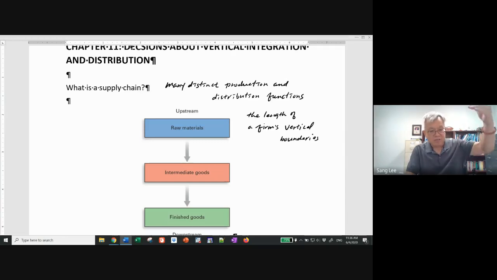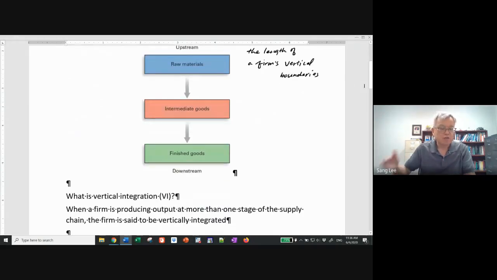And as the raw materials are transformed into intermediate goods, we move downstream until the final products are distributed or sold to final consumers. And obviously, some firms have a much longer supply chain or vertical boundaries, and some firms have a relatively short supply chain. So then, what is vertical integration?